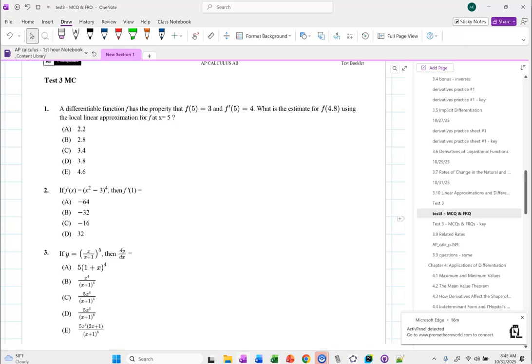So this is how this would be presented to you on the AP exam. A differentiable function f has the property that f of 5 is equal to 3, f prime of 5 is 4. What is the estimate of f of 4.8 using the linear approximation at 5? That's a point.